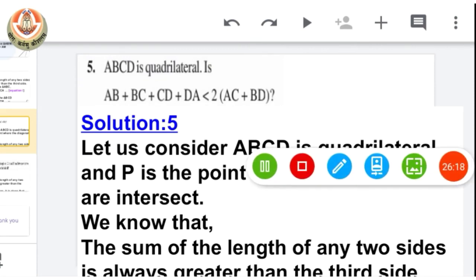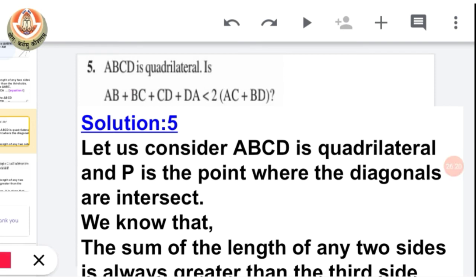We are given ABCD, which is a quadrilateral, and we have to prove that AB, BC, CD plus DA, they are the sides of the quadrilateral, as we have done in the previous question. But the difference is, in that question we had this greater than sign towards the sum of the sides of the quadrilateral.